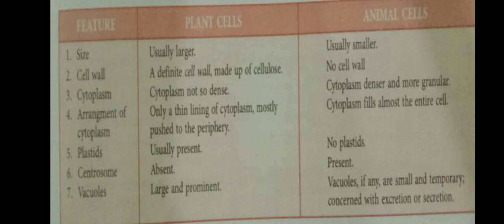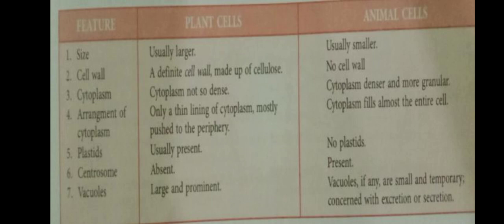Only a thin lining of cytoplasm is present in plant cells, and mostly it is pushed to the periphery. In animal cells, cytoplasm fills almost the entire cell. Plastids. Plant cells contain plastids. No plastids are present in animal cells.